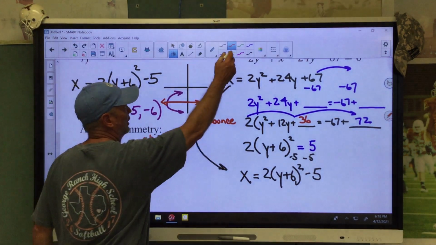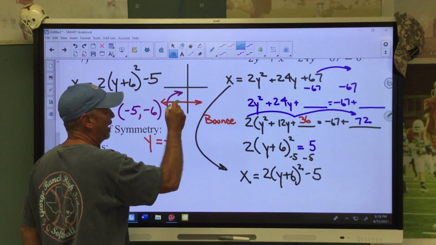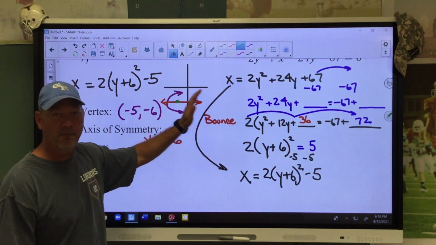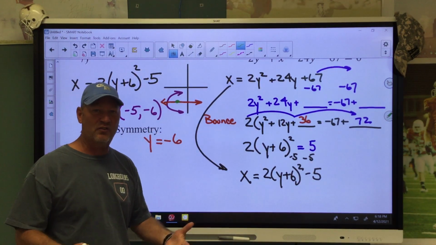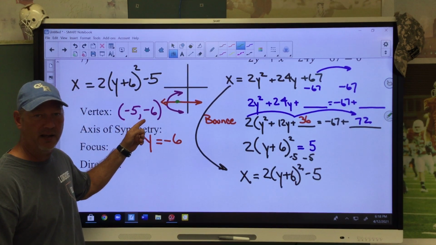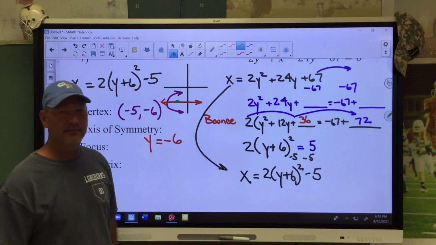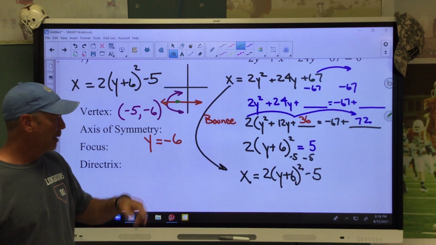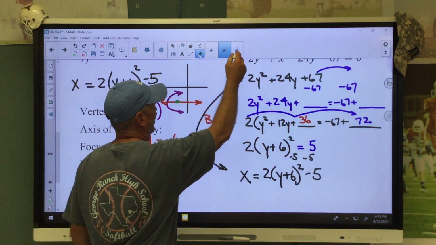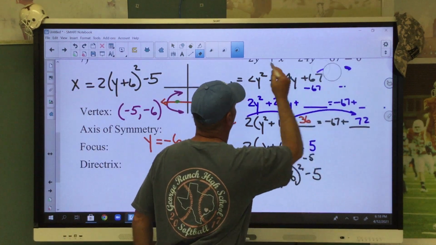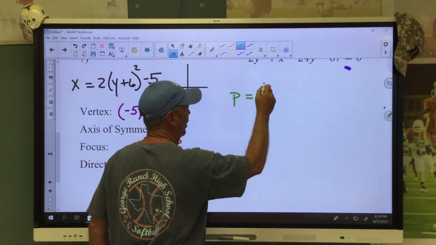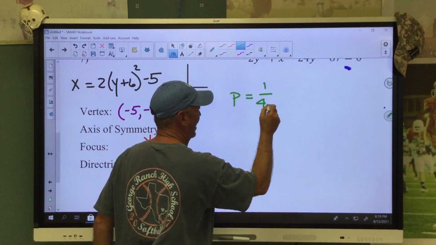We need to find our focus. Our focus is going to be on the inside. So since we're going to go left and right to find our focus and our directrix, we're going to change the x value. So go look at your vertex. We're going to make an adjustment to that -5. I need to go to the right. I'm not sure how much I need to go. My p-value, p equals 1/4 times a.